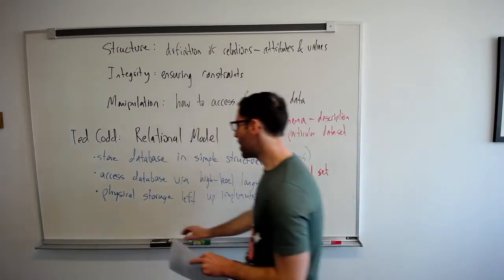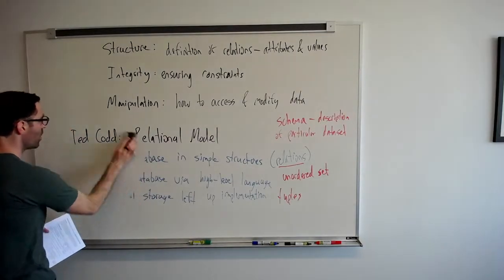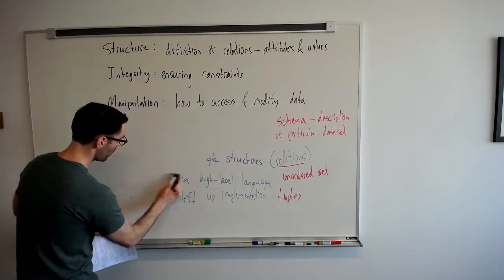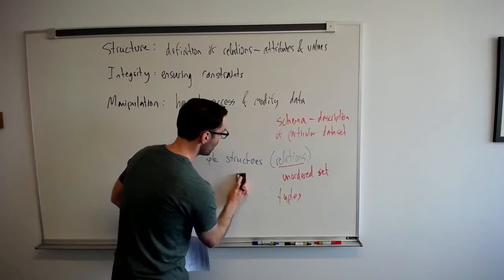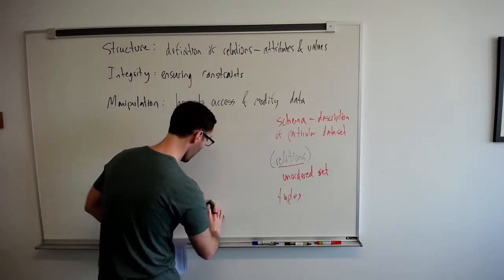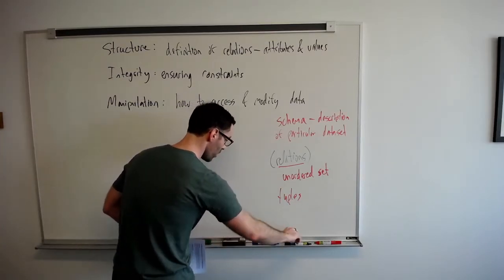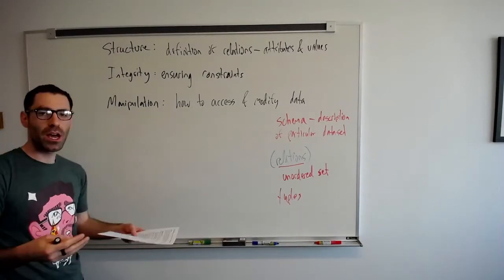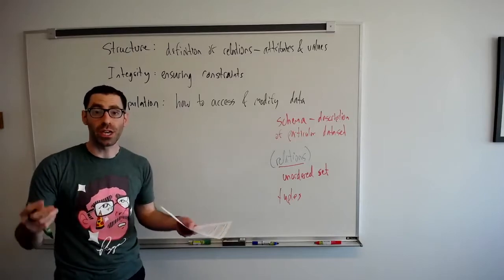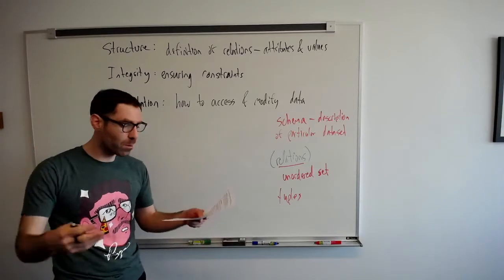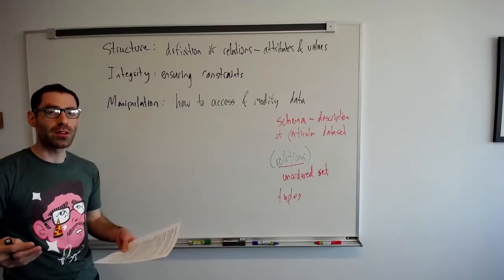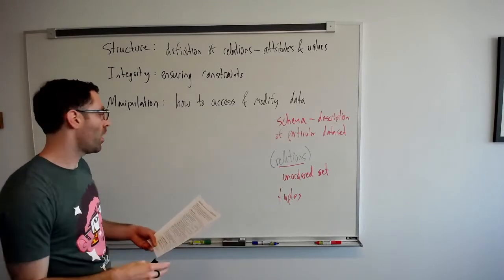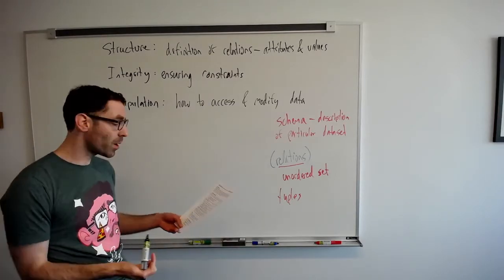So to make this a little more concrete, let's imagine that we have a database of music. Artists and albums and things like that, something that Spotify or another music service might want to maintain.